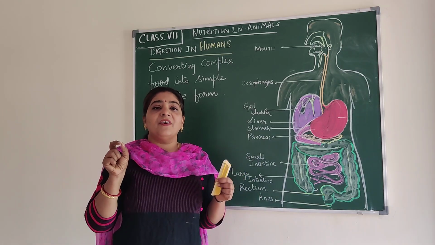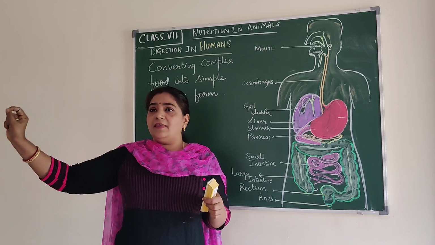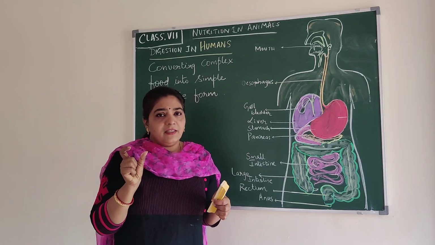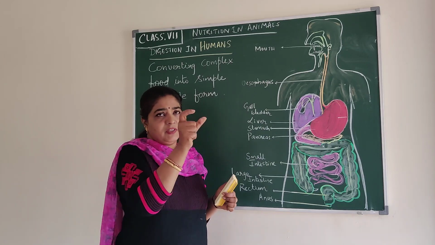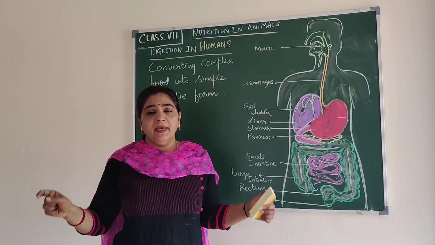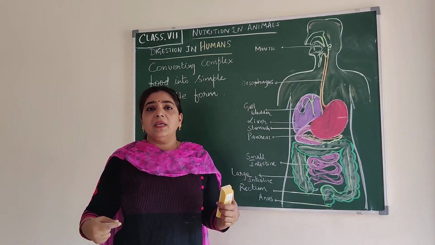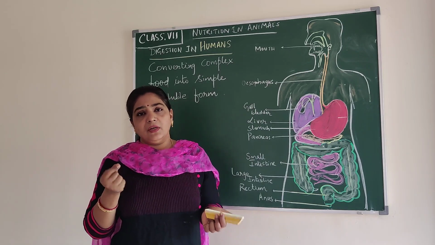is made up of these tiny structures, just like how bricks make a building, right? Bricks are the structural unit of a building. With the small bricks only, we are constructing such a huge building. In the same way, our body is constructed by those tiny microscopic structures called cells.